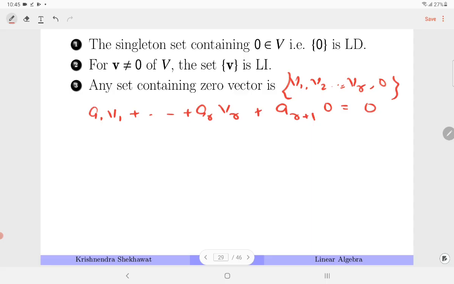Now this equation may have a non-trivial solution also. If you choose a1 is 0, a2 is 0 and ar is 0, but a(r+1) non-zero, then also this vector equation is satisfied. And therefore if you consider any set containing the 0 vector, you can directly write down that the set is linearly dependent.